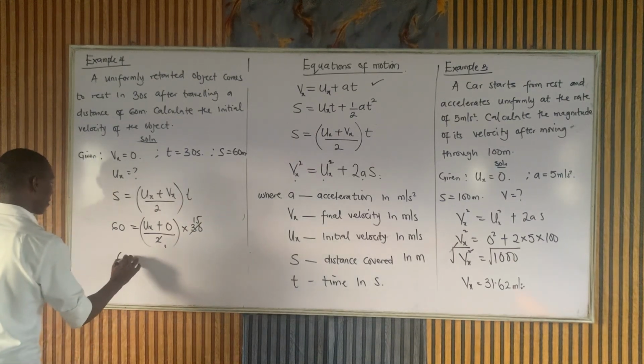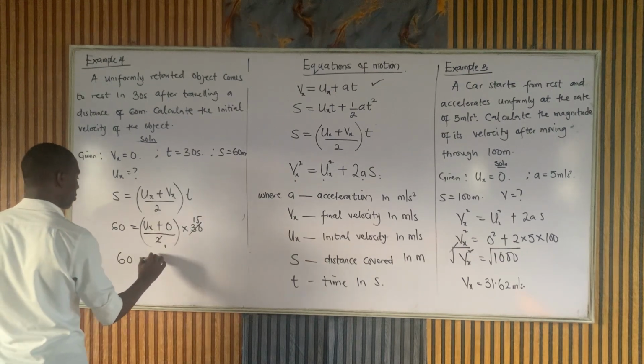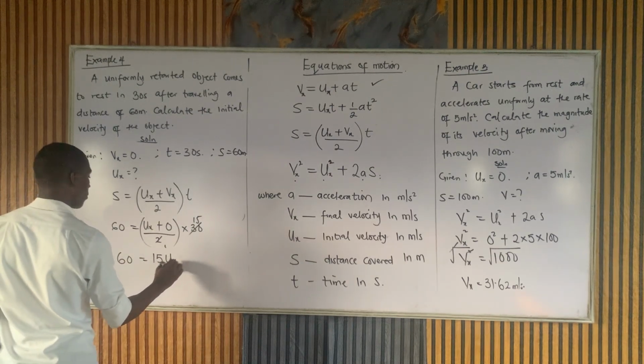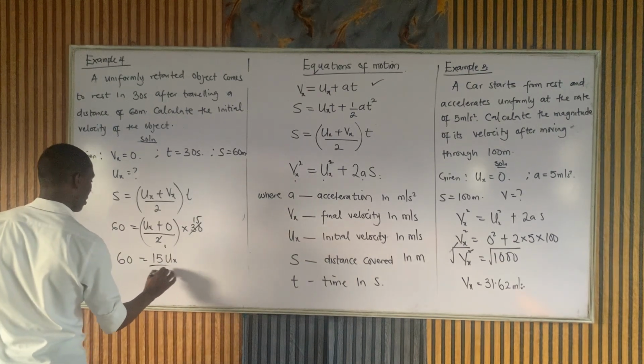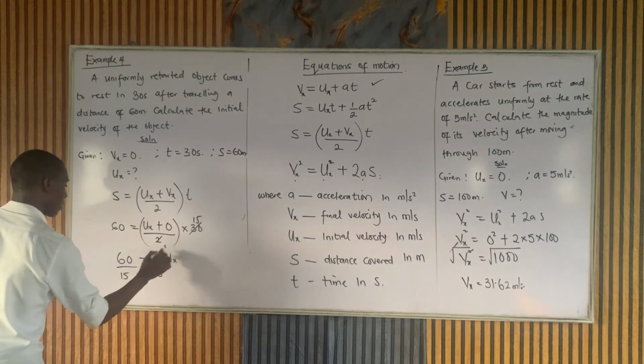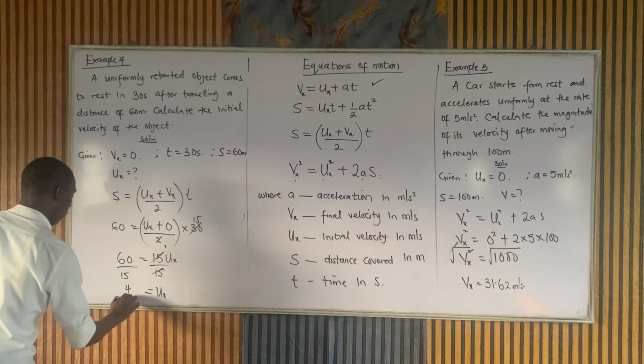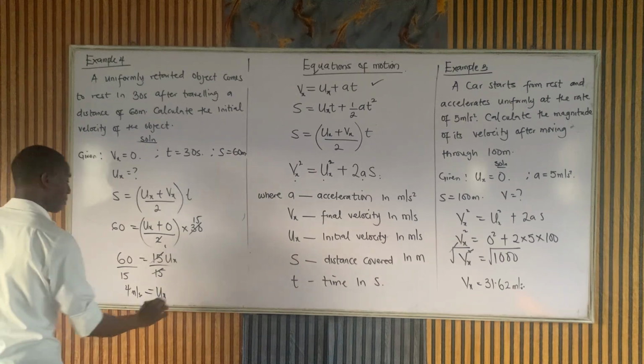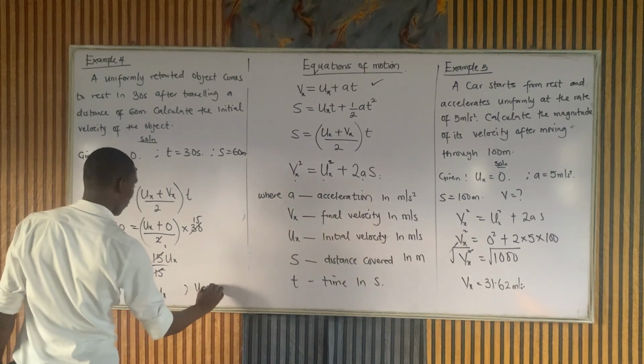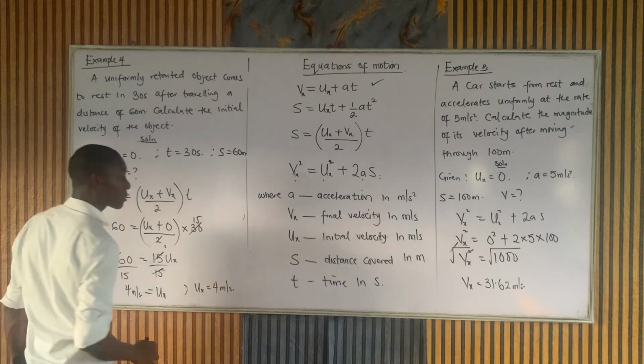We're going to have 60 being equal to 15 times U, which gives us 15U. Divide here by 15, divide here by 15. Our U is equal to 4 meters per second.